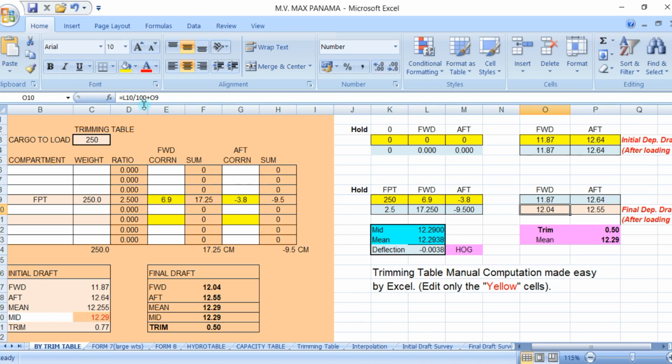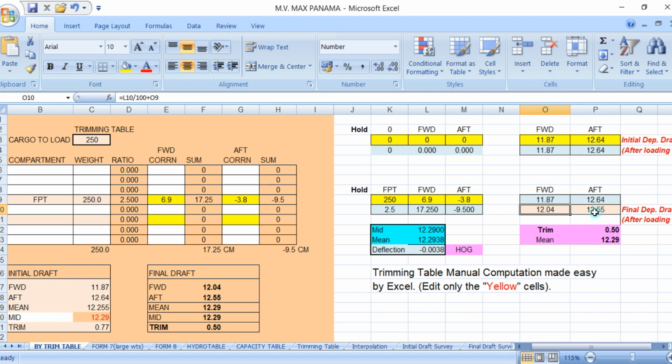So L10, which is this one, divided by 100 plus your initial drop of this one. So divide this by 100, once you have the value, you add that to your initial drop, then you will have 12.4.